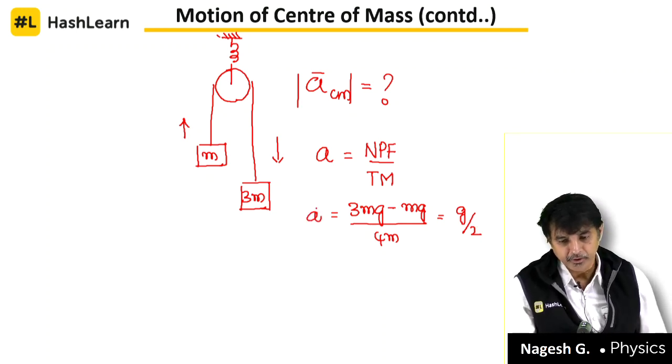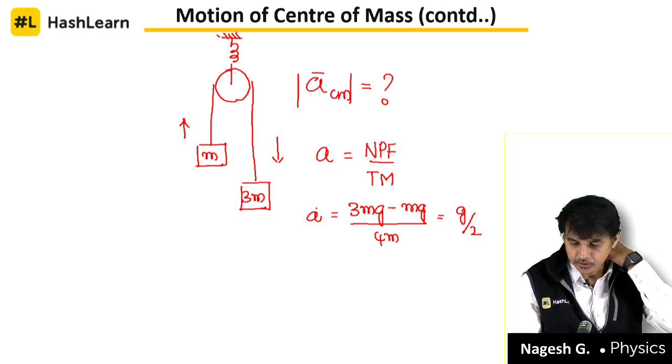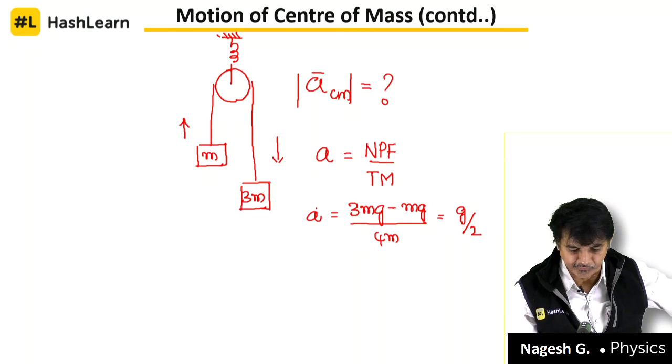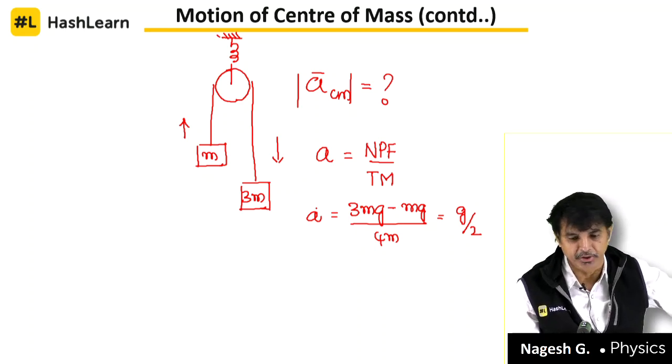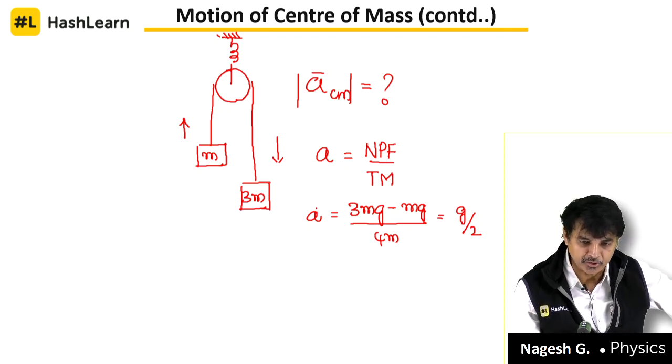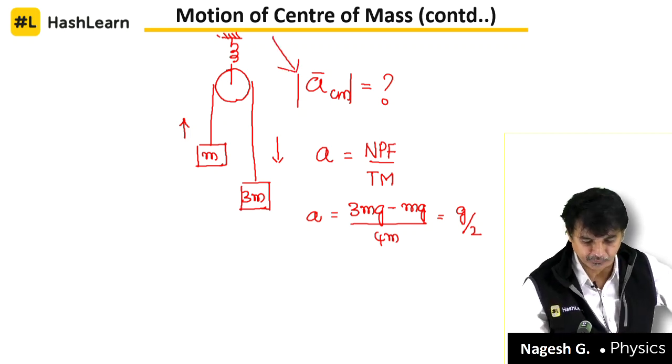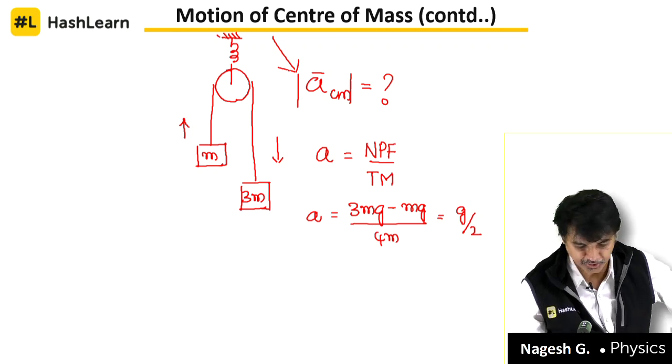I clubbed Newton's laws with center of mass concept. So you have done up to this and you declared the answer. If I ask the question as what is the acceleration of each block, then g by 2 is the correct answer. But my question is not that. What I asked, what is the acceleration of the center of mass of the system is my question.